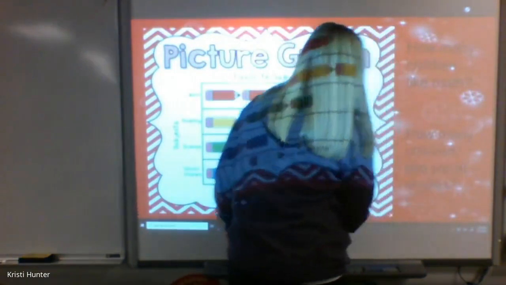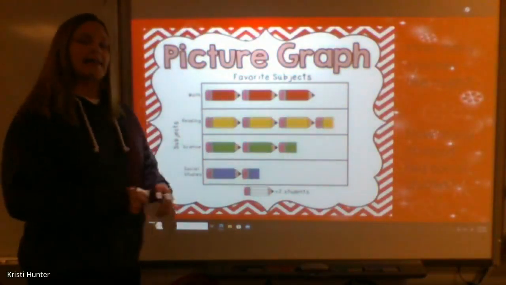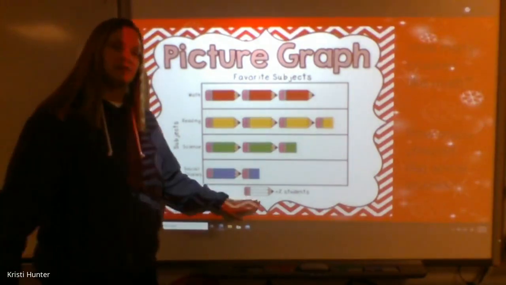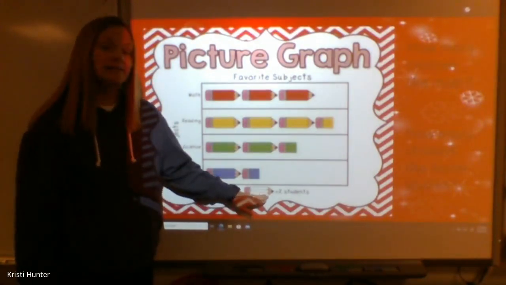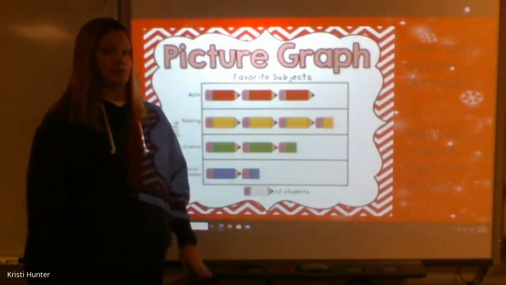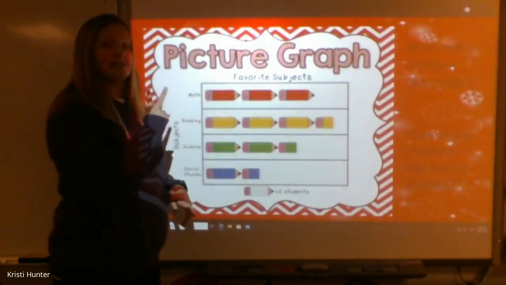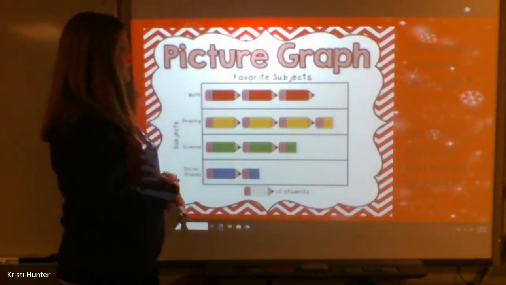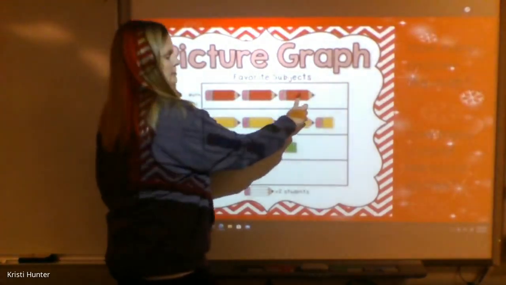Now this graph, you're going to notice, is a little different. At the bottom here, I don't know if you can see that really well on this video, but it says each pencil is going to equal 2 students. So that means when I have a whole pencil, that's 2. If I look at the red, 2, 4, 6.